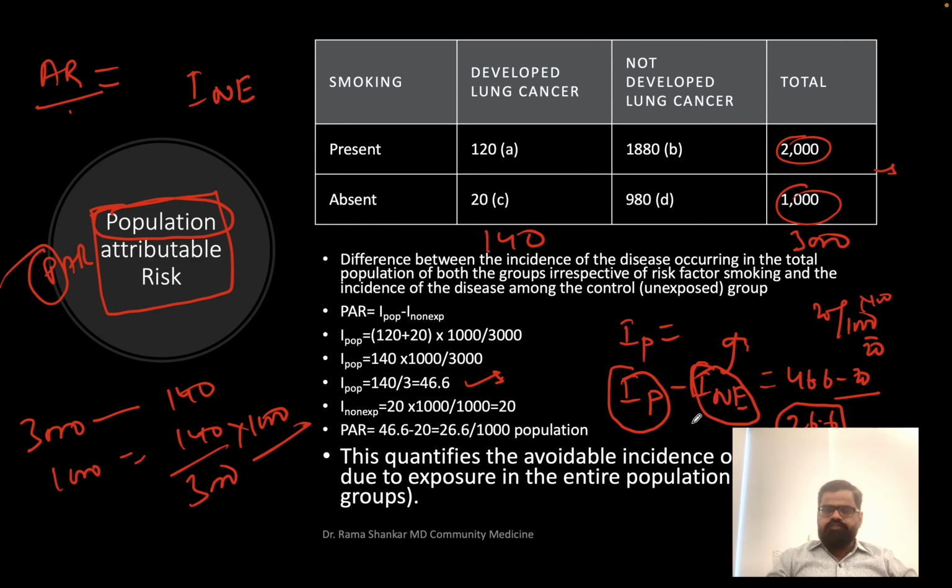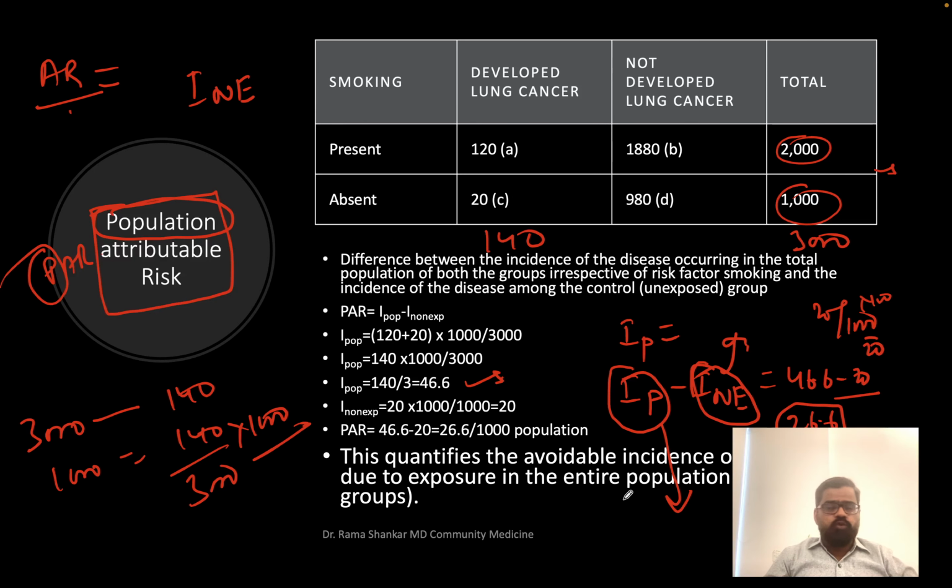So I am only left with the incidence in population with the attribution to smoking. So I can say now 26.6 people in the entire population will develop disease, in the entire population, not in the exposed group, and that is population attributable risk, right?